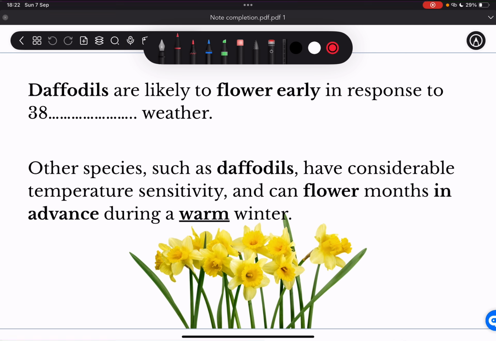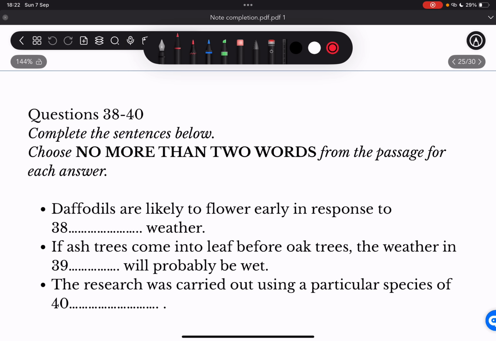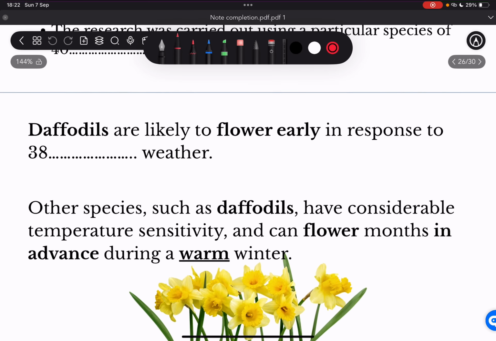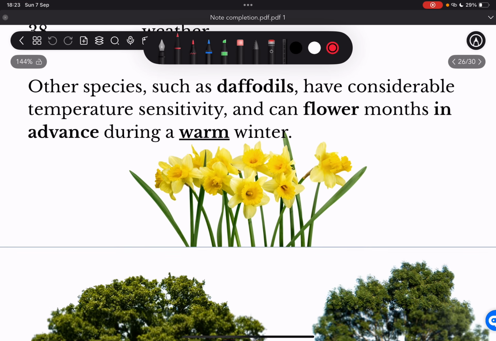So that is what is missing to complete the meaning of the sentence from the question. So we just put the word warm winter weather, or just warm weather, as we are allowed to write more than 2 words.